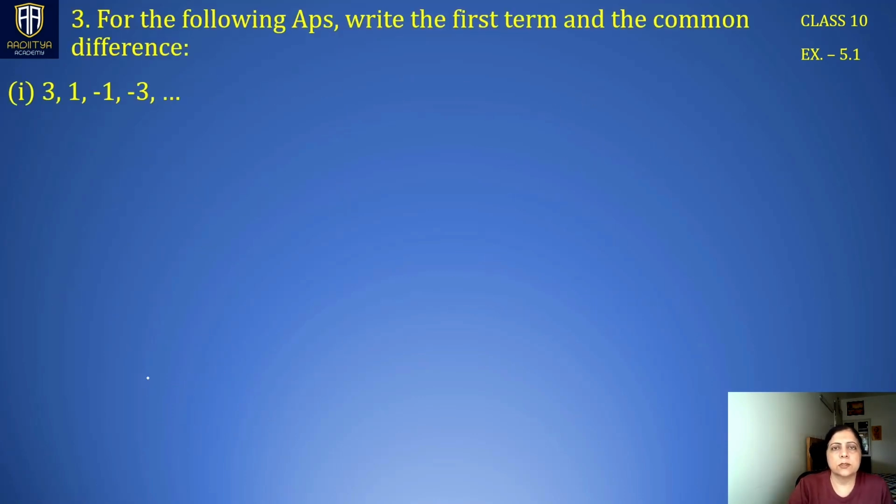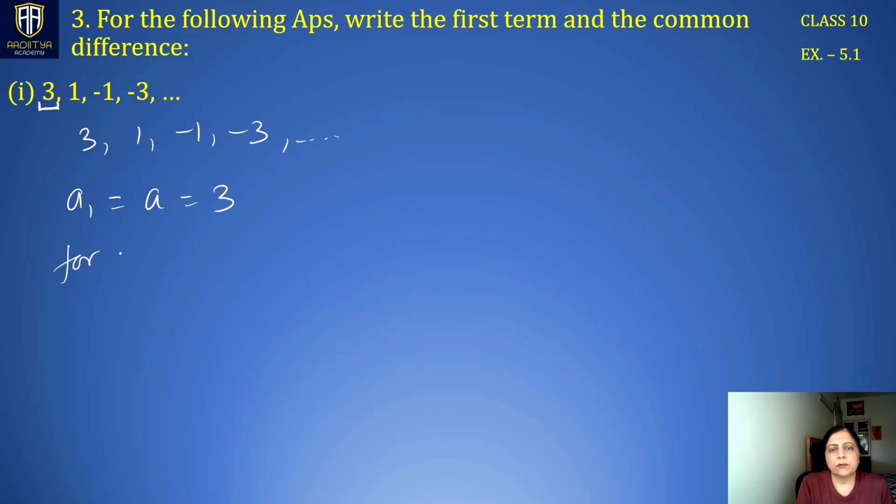Okay, the next question is, for the following APs, write the first term and the common difference. This is very simple. The term which is the first existing term in the sequence itself is the first term. So 3, 1, -1, -3. First term a1 is equal to a is 3 here.